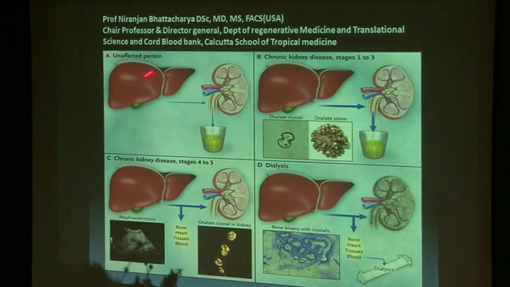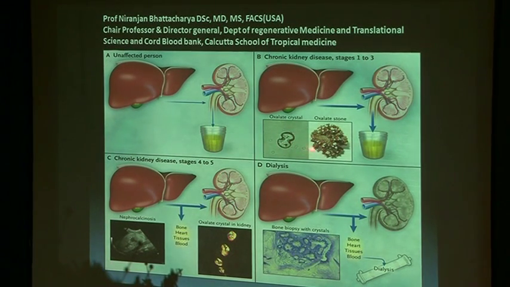You see an unaffected person's kidney. Here you can find chronic kidney disease. In the first part of the chronic kidney disease, there will be a slight increase in length and breadth, and later on progressive shrinkage. If you see the functional study of the chronic kidney, stones have already started appearing.